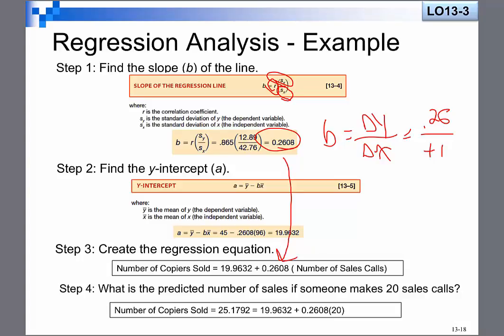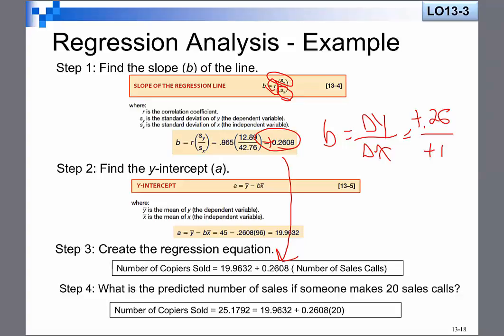So the interpretation of 0.26 is what it always has been. As X goes up by 1, Y goes up by 0.26. And I know it goes up and up because this is positive. So as one goes up in some direction, the other one must go up in the same direction.